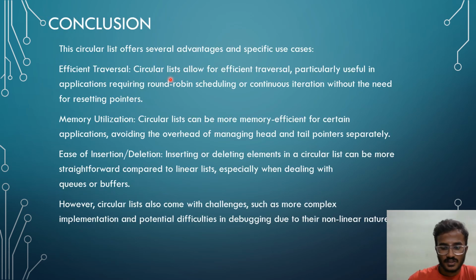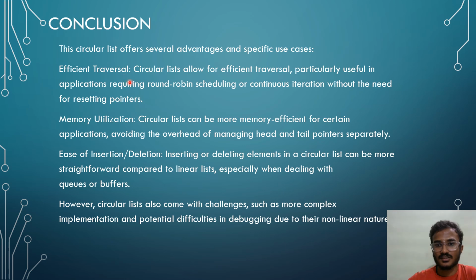At last, I will provide some uses and advantages of circular singly linked list. It is used for memory utilization. Circular lists can be more memory efficient for certain applications, avoiding the overhead of managing head and tail pointers separately.